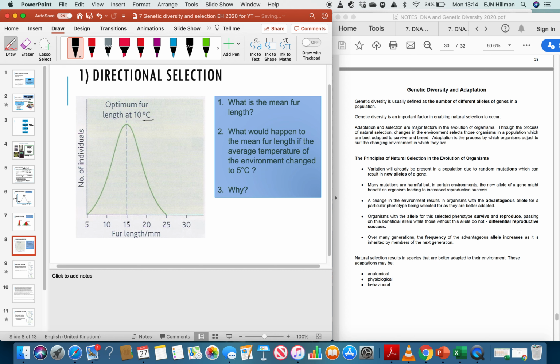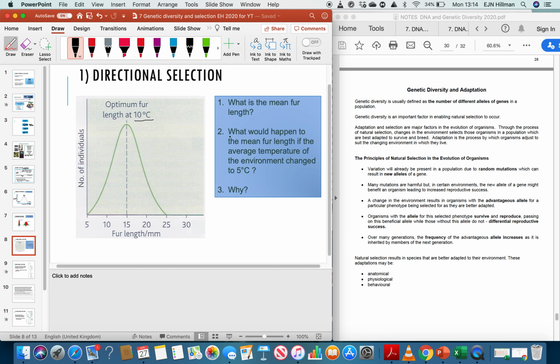Now their mean fur length, we can find looking here, is 15 millimeters. You see the highest frequency is at 15 millimeters, so there's an even spread on either side.